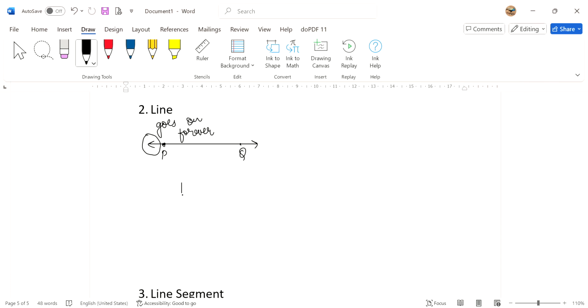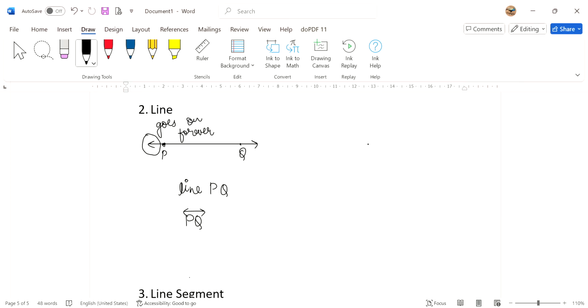This line will be called line PQ. In symbolical form, you write PQ and make a small line above these letters. So there is one way of writing this.